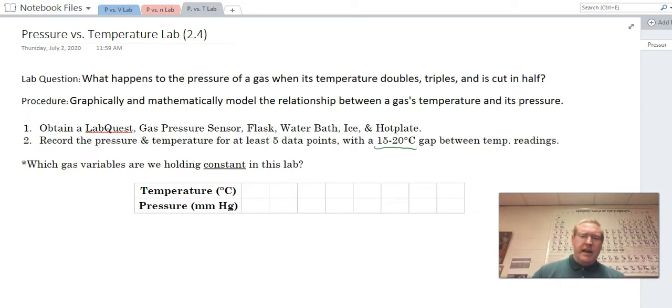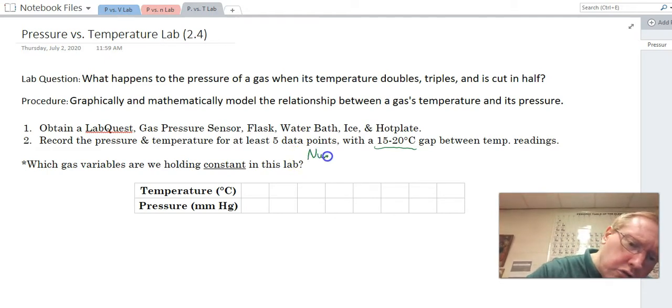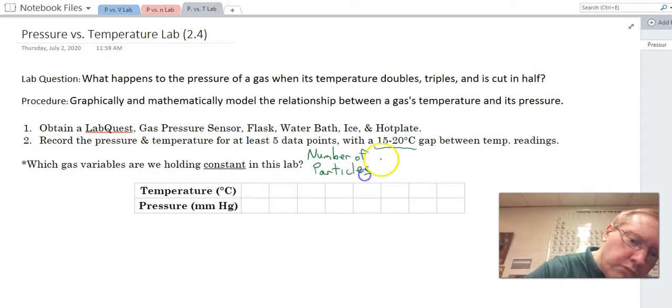So right off the bat, since we're not disconnecting this flask at any time, I'm never disconnecting that tube from the gas pressure sensor, I know that my number of particles has to be staying the same. There's whatever number of particles that are in there when I connected the flask to that plastic tube.